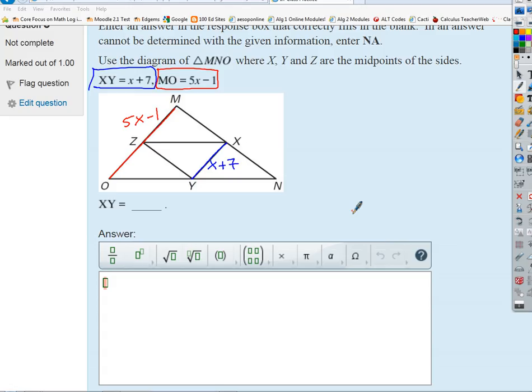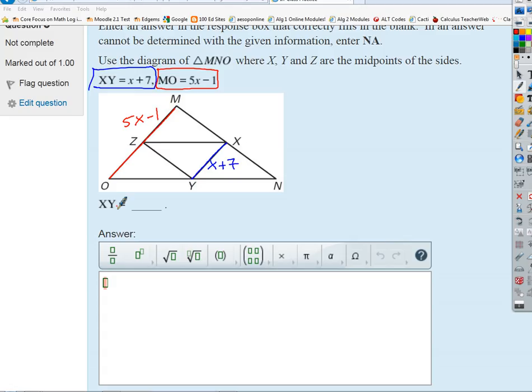Well, say I've already found the value of x. How could I go back and find the length of XY if I knew what x was? Plug it in, exactly, right? So there's our strategy. We have to use our geometry relationship to set up an algebra equation that we can solve for x and then plug it back in to get the answer, right?